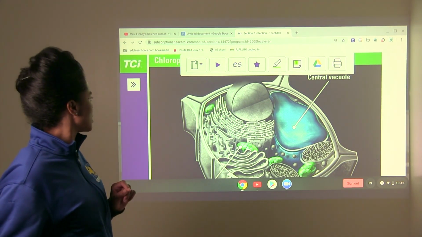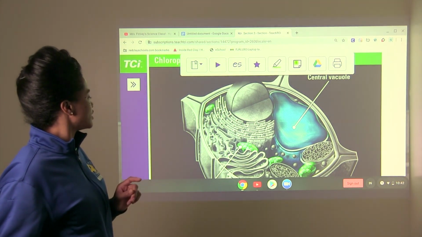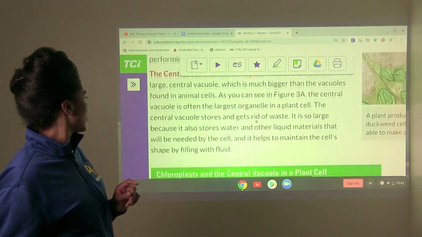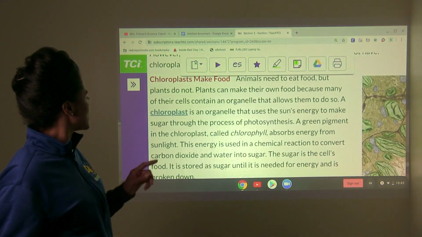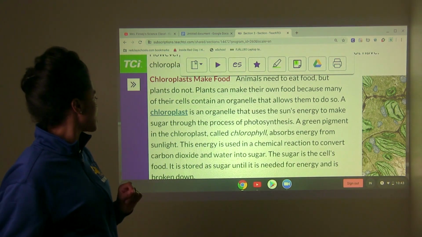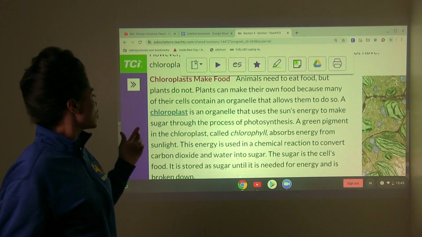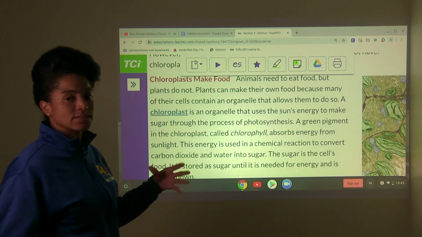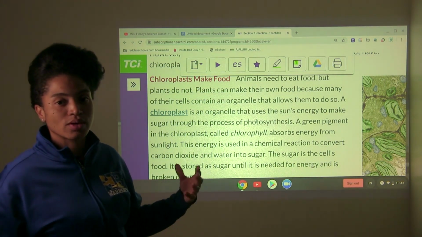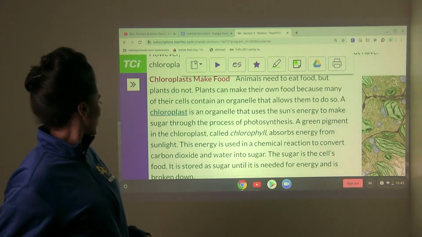It's one thing you want to keep in mind. Plant cell has a different shape than animal cell. All right? So we need to keep in mind here that chloroplast is an organelle that uses the sun's energy to make sugar through the process of photosynthesis. The chloroplast is making food for the plant. All right, here we go.